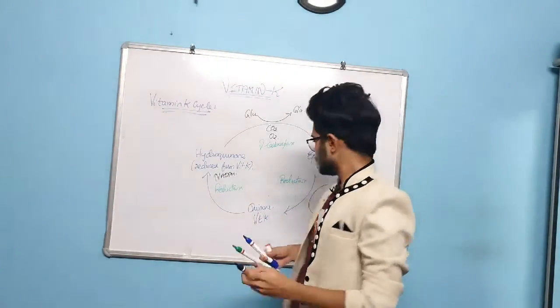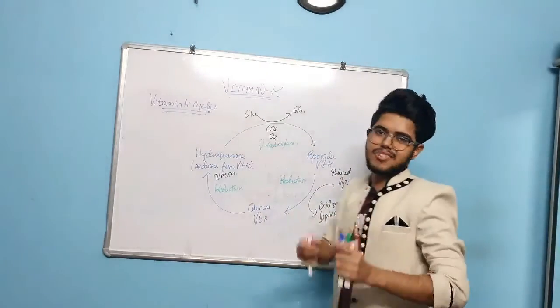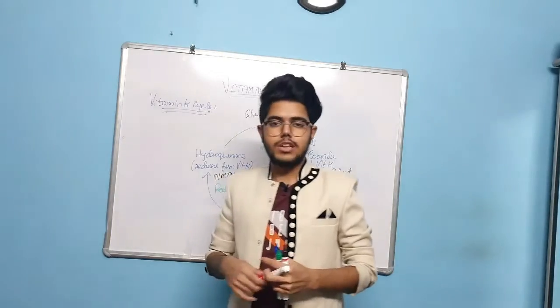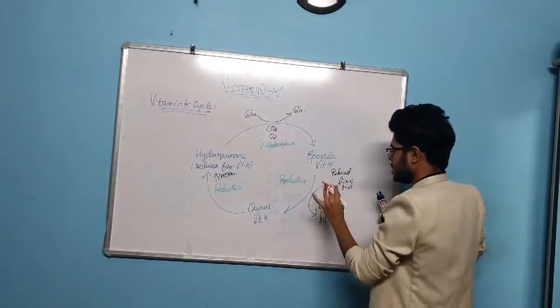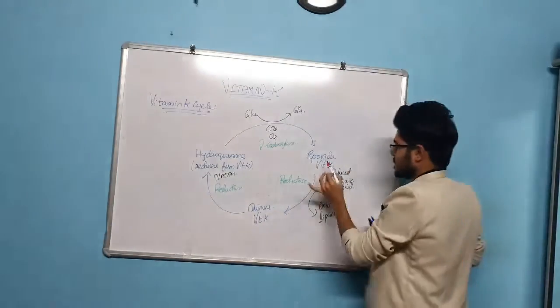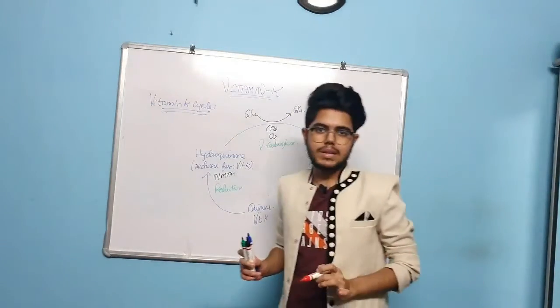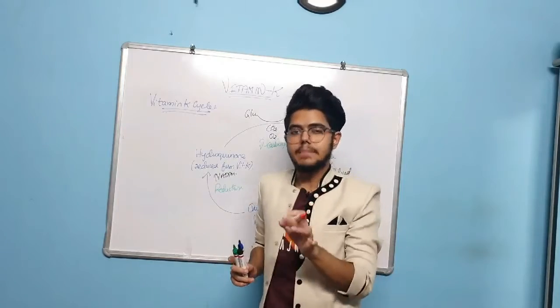So we need reductase acting on the NADPH. Now what is the significance of the vitamin K cycle? It is a very important viva question, or a 1 mark question. Here, in the step where epoxide vitamin K is converted into quinone vitamin K, you are going to have inhibitors.